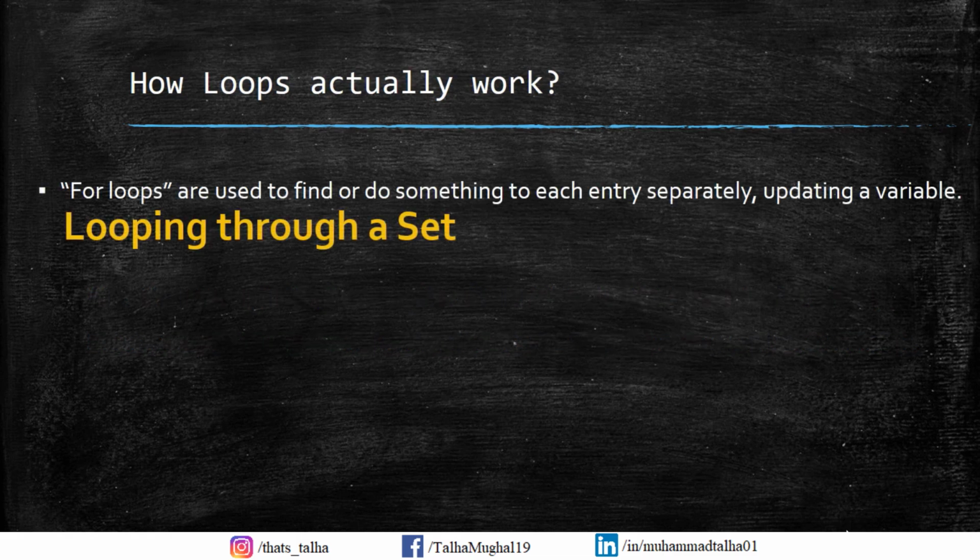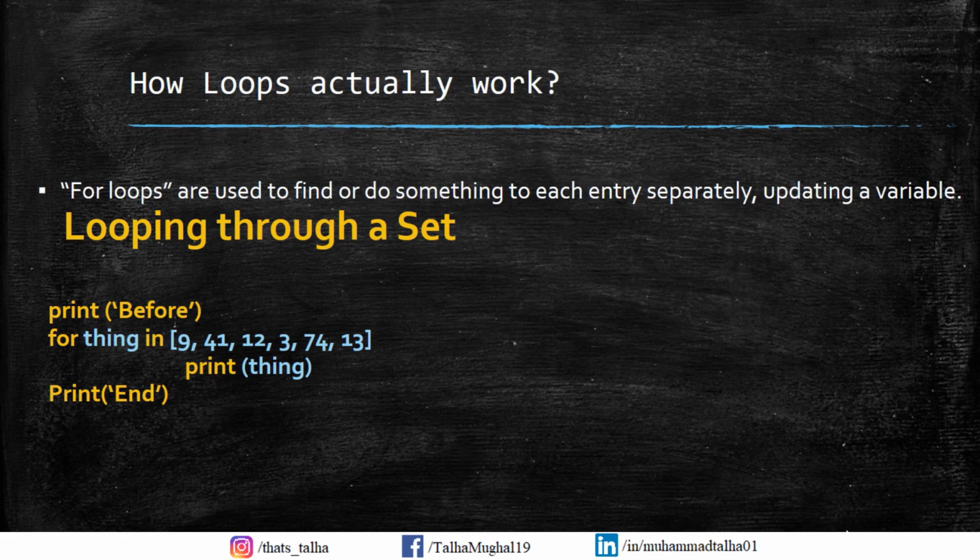Now, for loops are used to do something for each entry separately, and after that they update a variable, and that is called looping through a set. So here we have an example. In the first line, we want to print before, just to give it a starting point. There is no purpose of this line whatsoever.